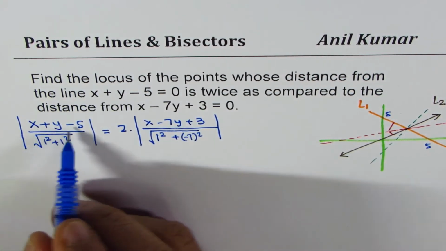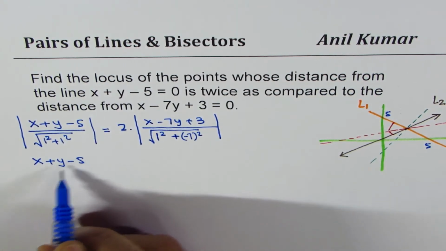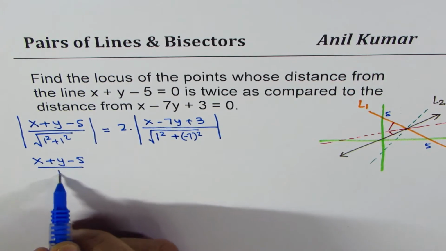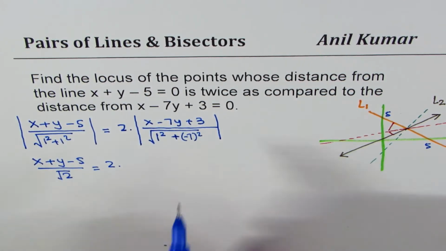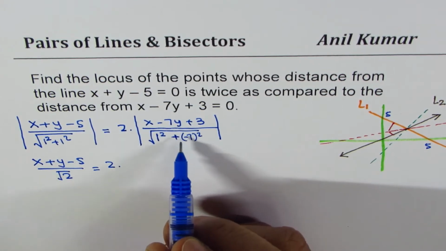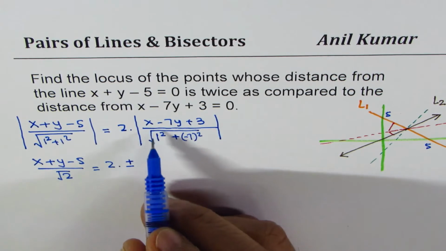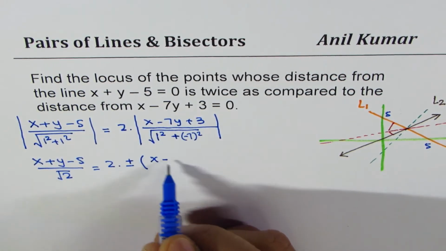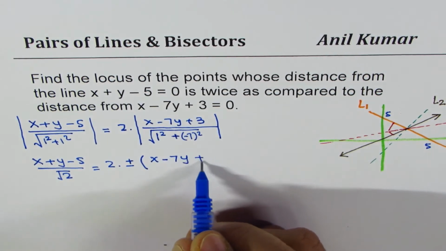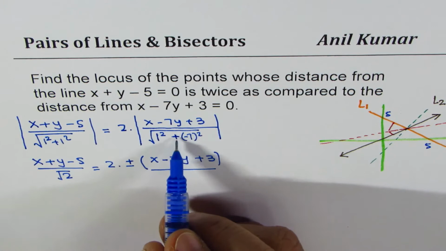Now we could write this as x plus y minus 5 over square root of 2, since 1 plus 1 equals 2, equals 2 times. Okay, so this value, we'll take as plus or minus, because when you say absolute, the inside value could be plus or minus. It is x minus 7y plus 3 divided by the square root of 1 plus 49, which is 50.